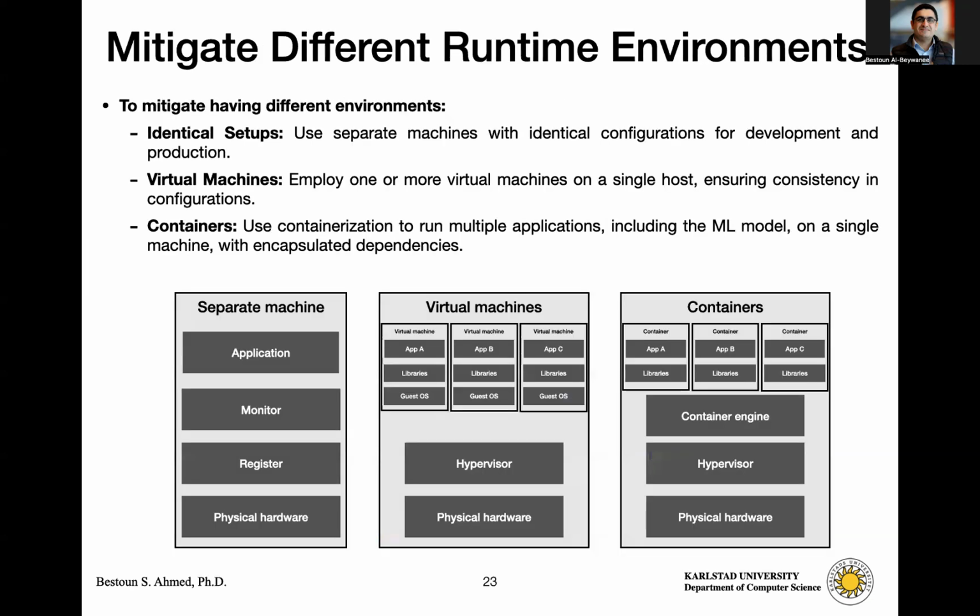So for dealing with this, as we said, we mitigate the runtime environment by using different things. For example, you make an identical setup. So if during development your Python is 3.2, then the runtime environment should be exactly the same to avoid these compatibility problems.